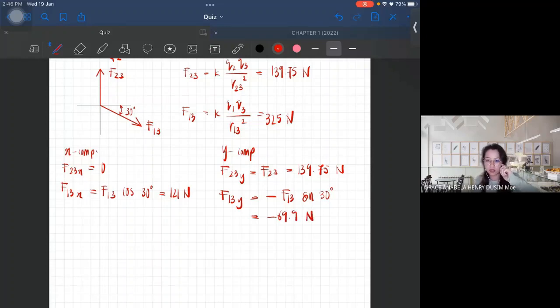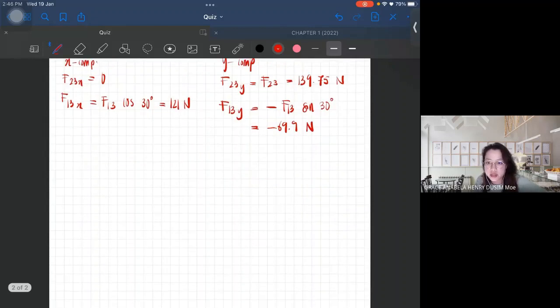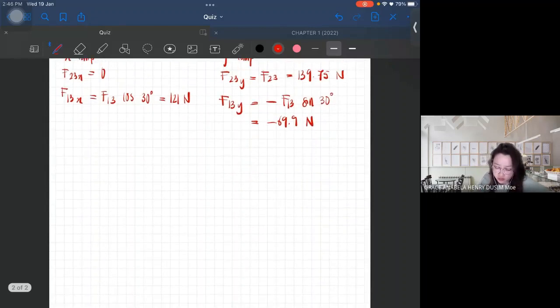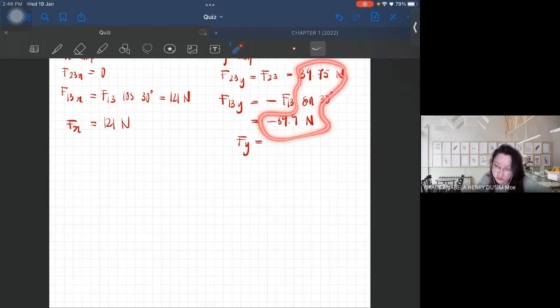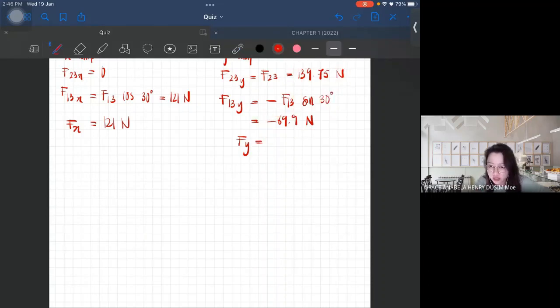Okay, and then have to calculate lah untuk Fx dapat berapa? Fx is 121 Newton. Fy is the addition of this lah. Then you should get 255 Newton.